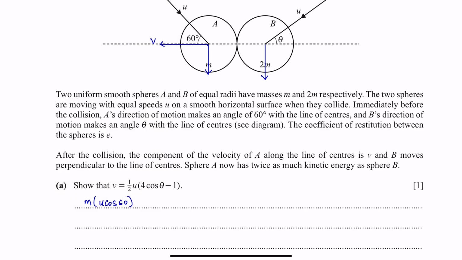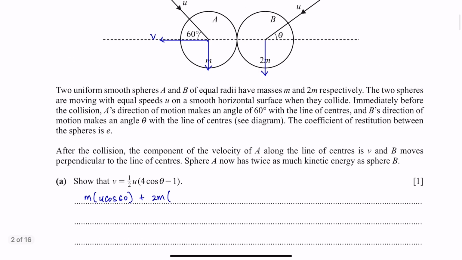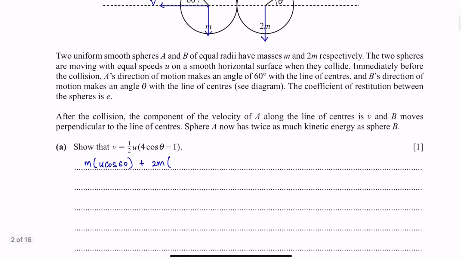So we have, this is the initial momentum of A plus the initial momentum of B, which is mass times the velocity. But because the horizontal component is going to the left, we need to take it as negative u cos theta.